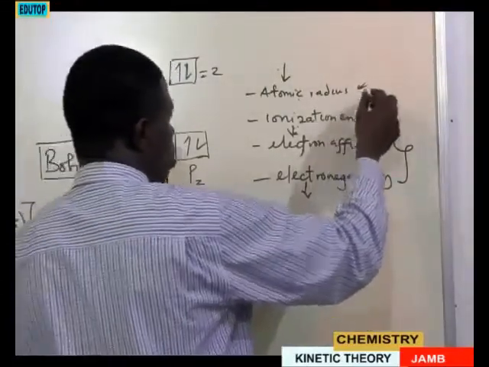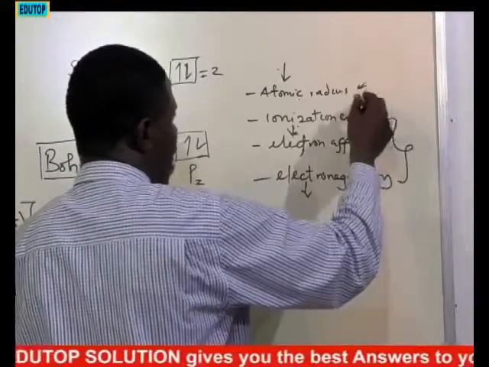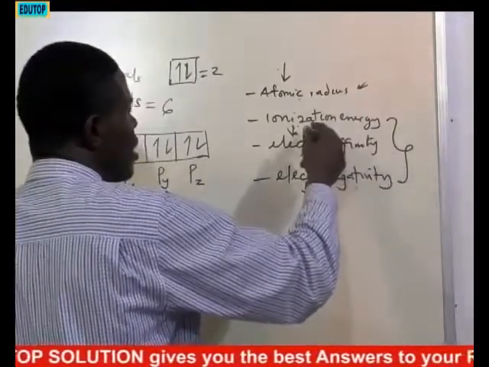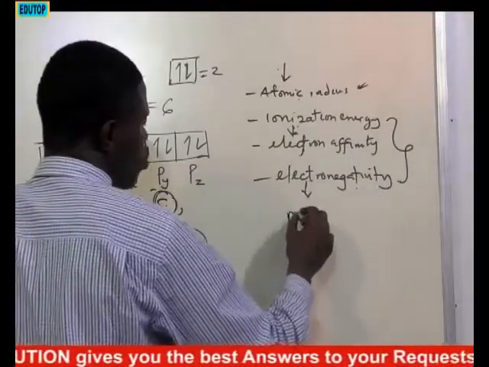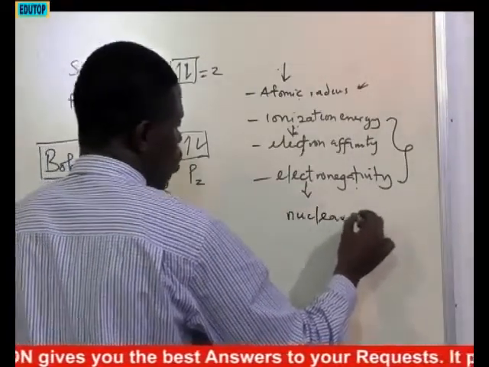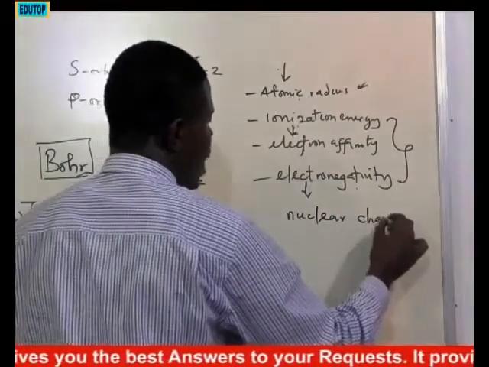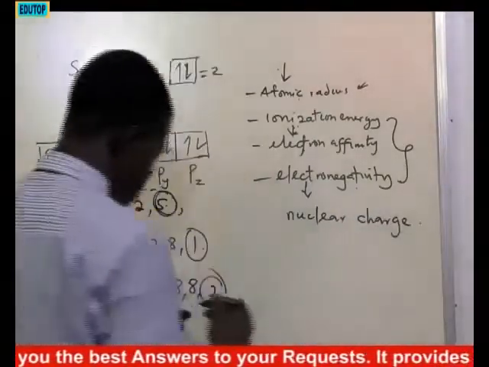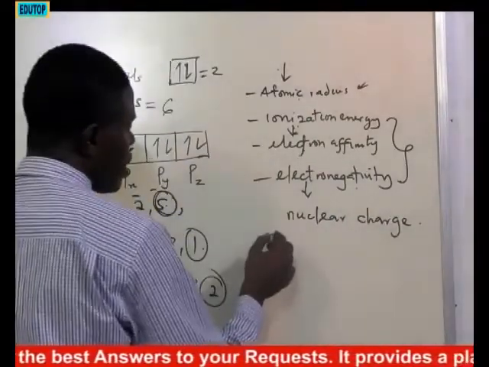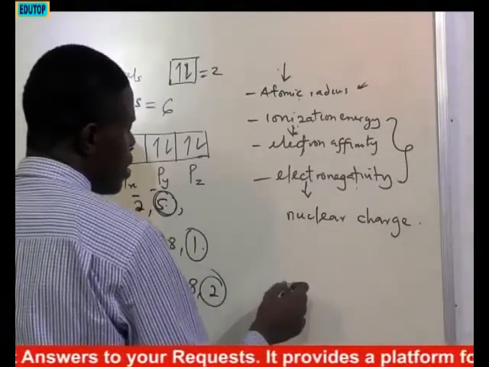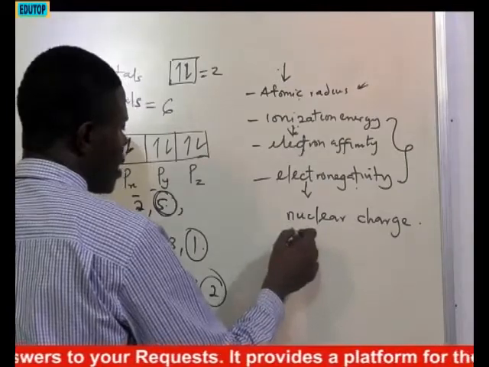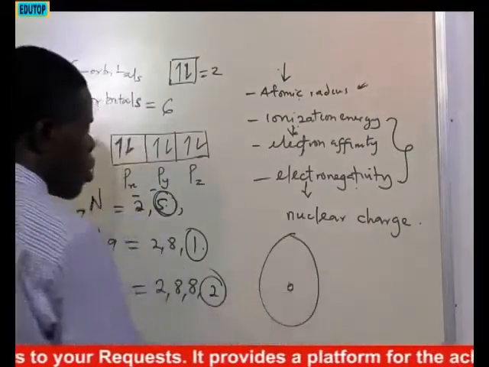And the major factor that determines the change across the period is what is known as nuclear charge. What is nuclear charge? Nuclear charge is the relationship between the positively charged nucleus and the electrons revolving around the nucleus.